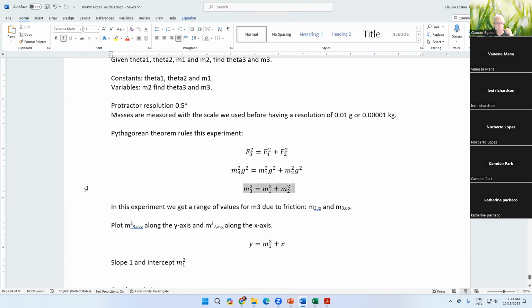Compare this equation with this equation. Here the slope is 1, and here is the intercept. What's going to be the unit of this intercept that you see here? Kilogram? Oh no, kilogram square. Yes.